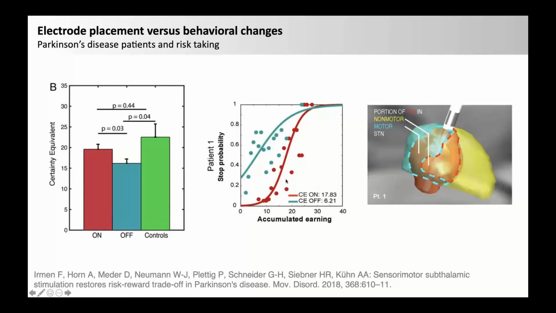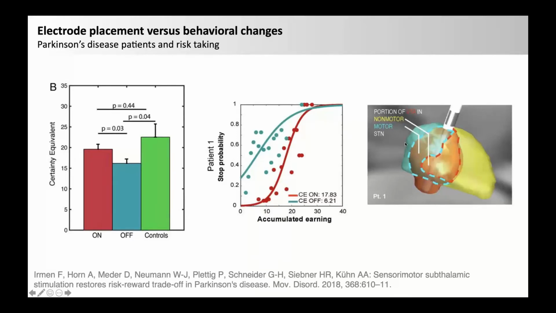Here, this is shown for one patient, once with electrode on, once off, and you can see his behavior in the game. Multiple different games were executed. Overall, we're really following different trends.